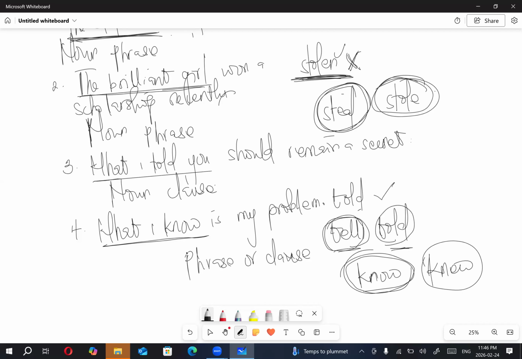So in the underlying words, there is a finite verb, right? So that makes it a clause. So a noun clause, right? I believe that's what you had. A noun clause. Let's move on.